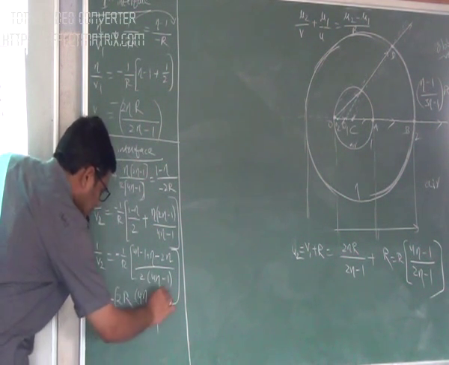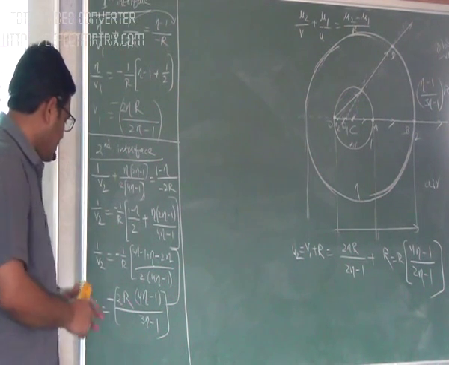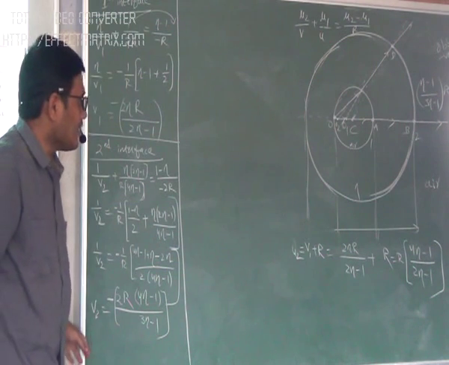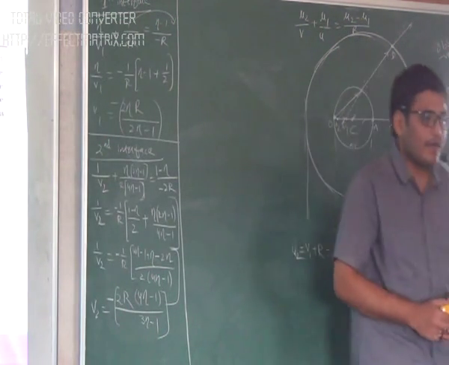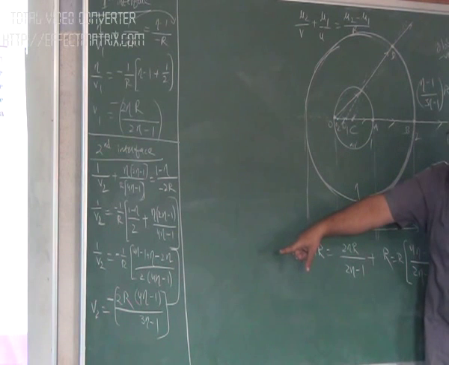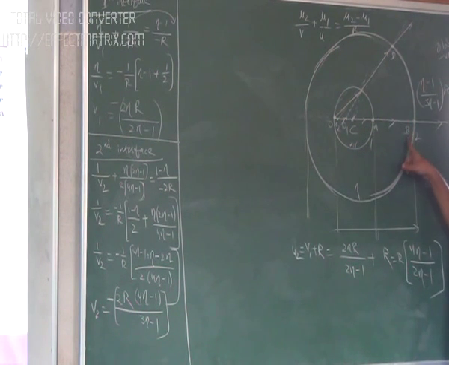So what is this? This is the image distance in the second case. In the second interface, where is the image? O2. So this distance is BO2. BO2 is the image distance in the second case.